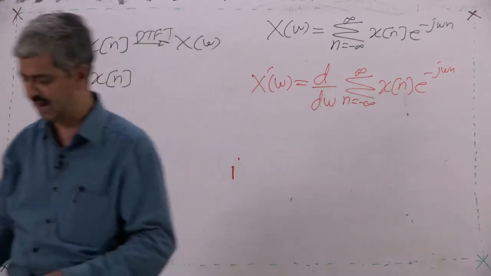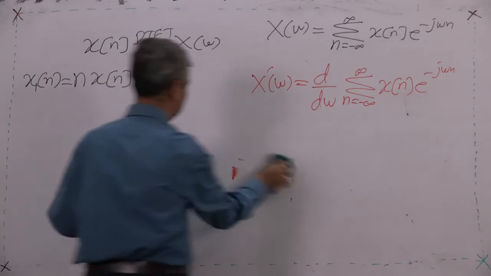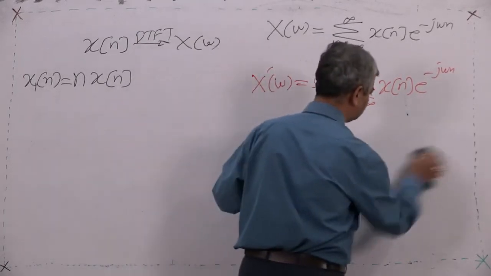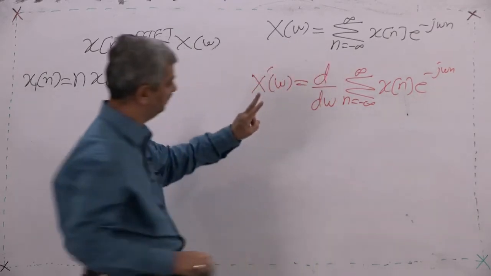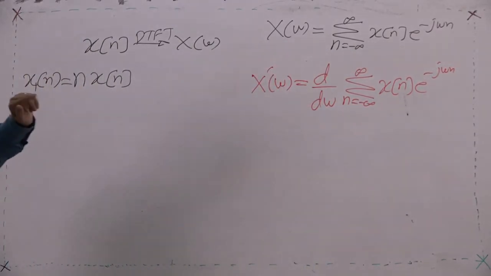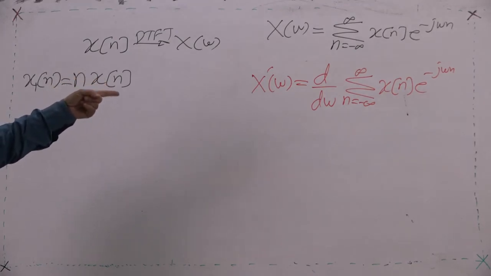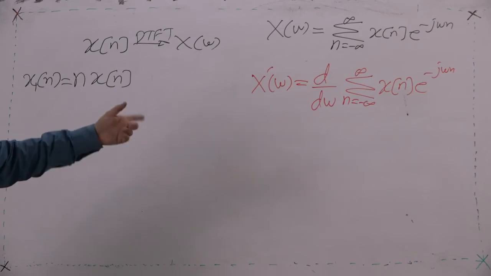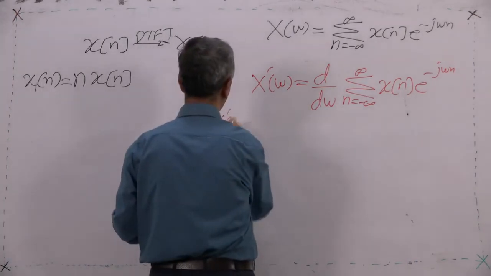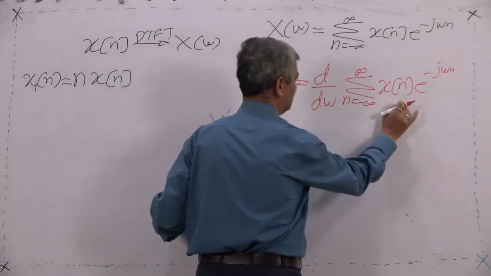Now, we use an identity which you might be aware of from standard 11 and 12. What is the identity? That the operations of derivative and summation are commutative. Summation is with respect to n and derivative is with respect to omega, so there is no harm. So X'(omega) is equal to the derivative of the summation.